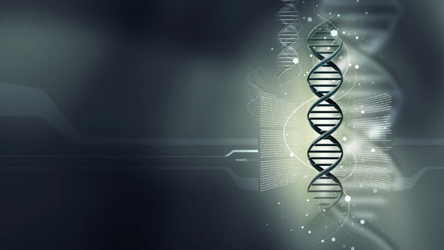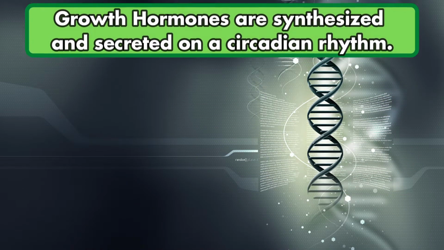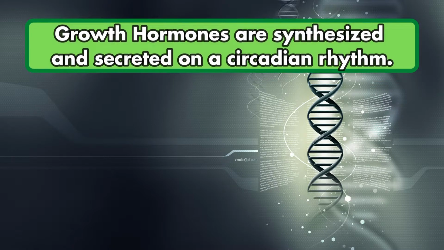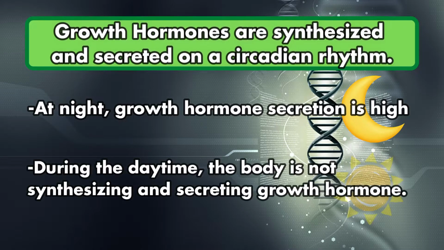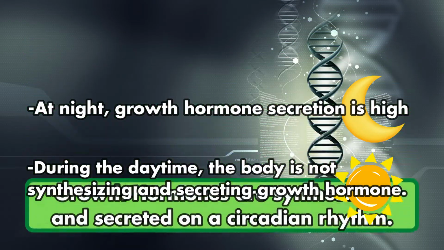It is also important to take note that growth hormones are synthesized and secreted on a circadian rhythm. This means that during the nighttime, growth hormone is going to be high, so our bodies are synthesizing and secreting growth hormone while we're resting, and during the daytime, the body is not synthesizing and secreting growth hormone.